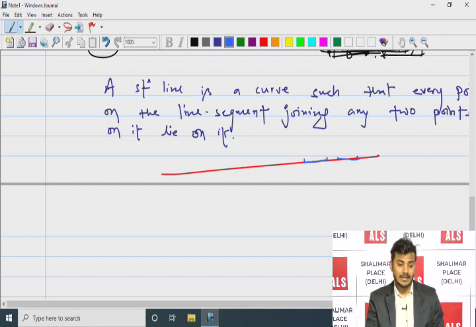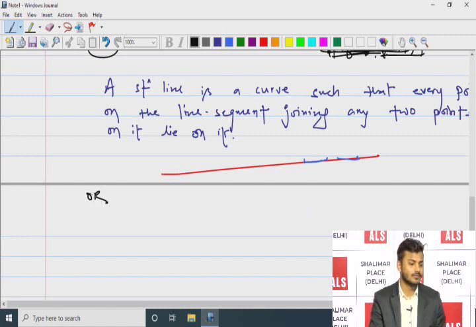That is the characteristic. Indirectly, it would be better to use the word slope or gradient: the gradient at any point is the same.